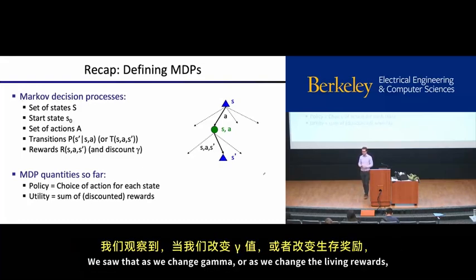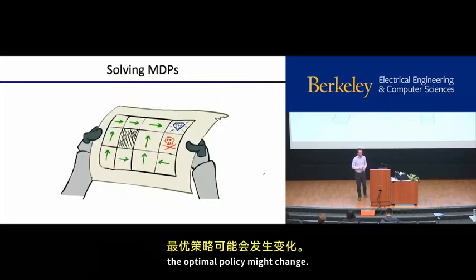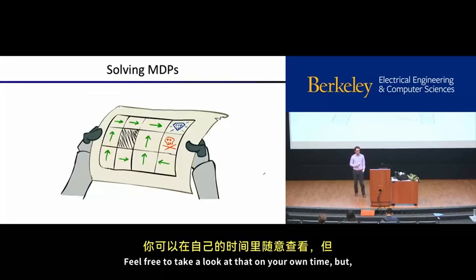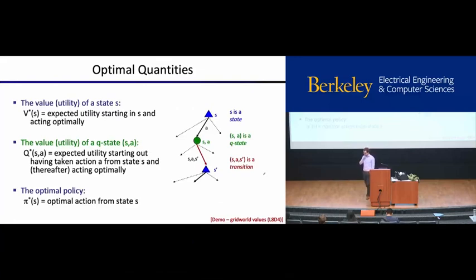And so we need to be thinking about what is expected utility in this scenario, and how do we use it to get the optimal policy. So we'll answer the policy question next time. But for today, we're going to be thinking about all these different optimal quantities, and we're going to start with the values.